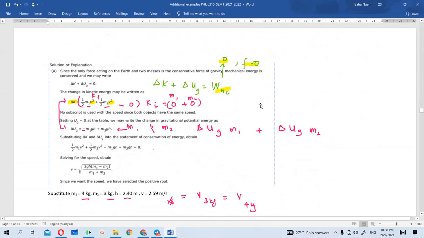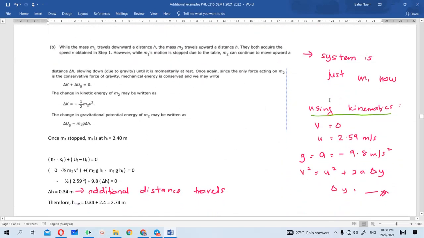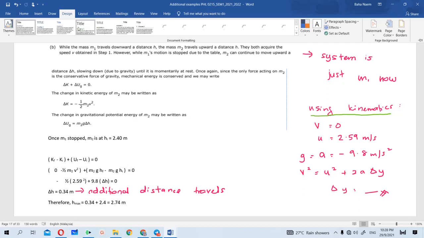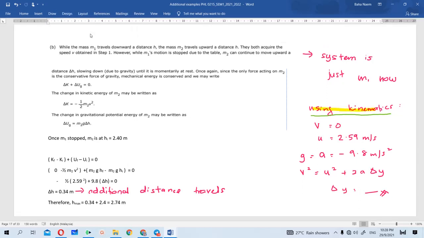Number one, we can choose to write it down using kinematics, considering that when you reach the highest position, the V will be 0 and the initial is 2.59. So substitute into kinematics, you will get the answer.